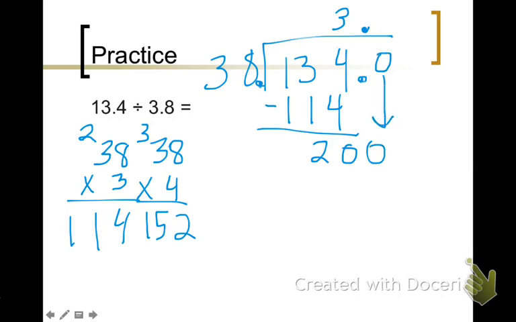Now 200 divided by 38. I am going to try 38 times 5 and see where that gets me. 38 times 5, 5 times 8 is 40, 5 times 3 is 15, and that's 190. I think that's going to be my best bet here.